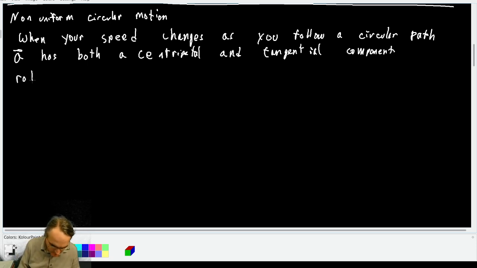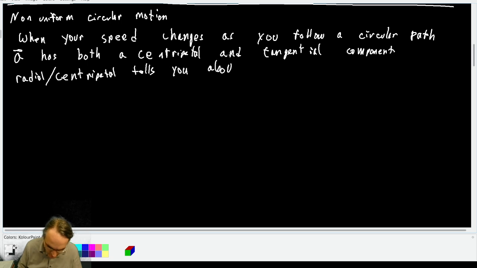So radial or centripetal will tell you about the force needed to keep it going in the circle.